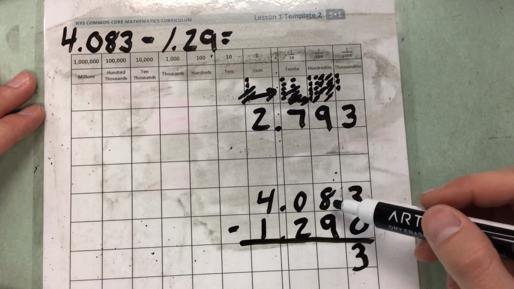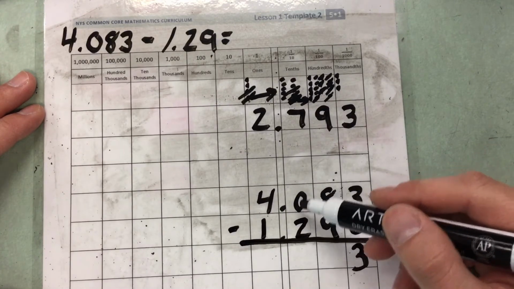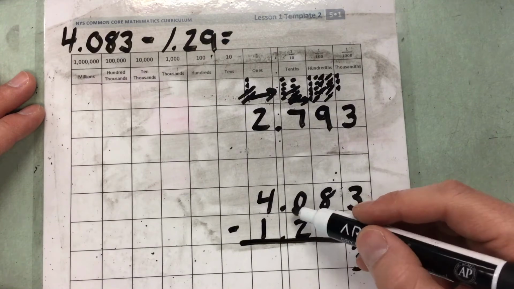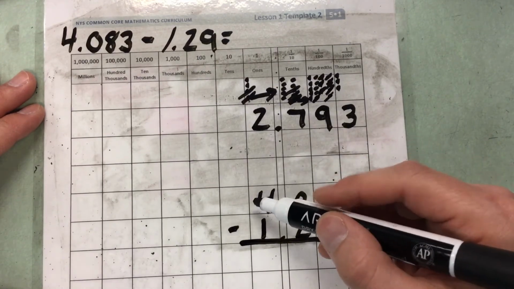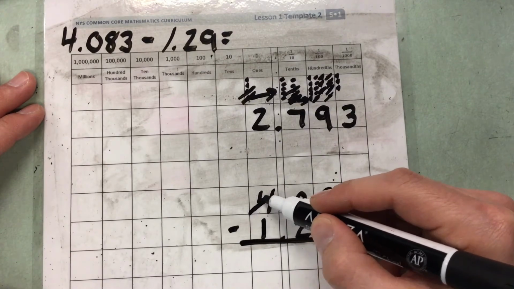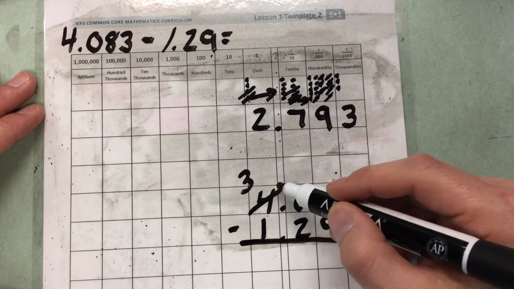Now I can't take away 9 from 8, that's not enough, so I have to look to my neighbor to borrow. So I'm going to go to the tenths column, but there's nothing here. So I'm going to have to go over to the ones column and borrow. So I'm going to take away 1 one and unbundle it to regroup.